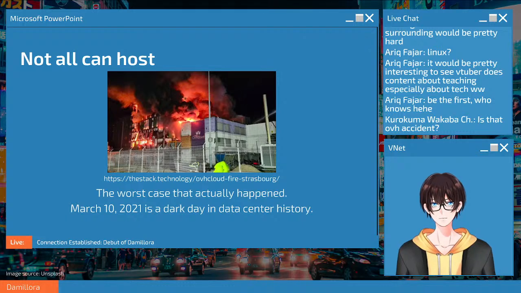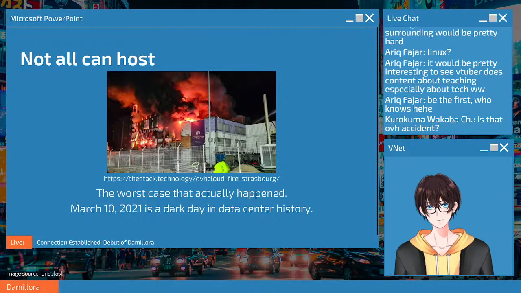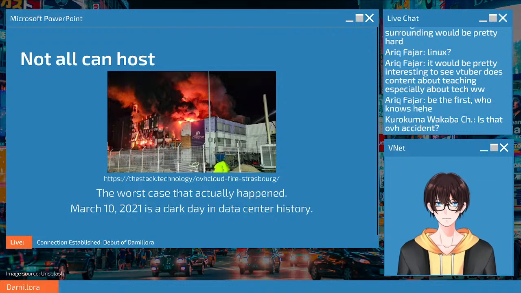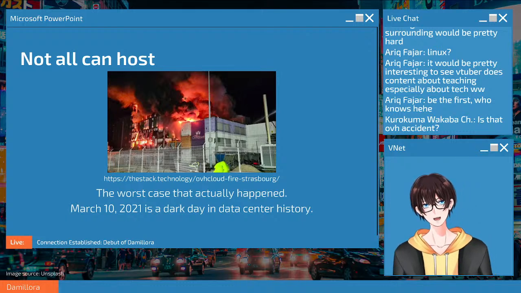Yeah, this is an image from when the OVH data center in Strasbourg, France got caught on fire. It's not pretty at all. This is the worst case that actually happened.